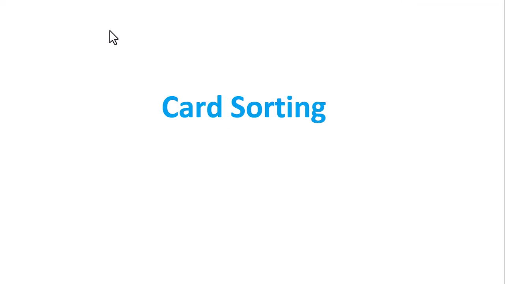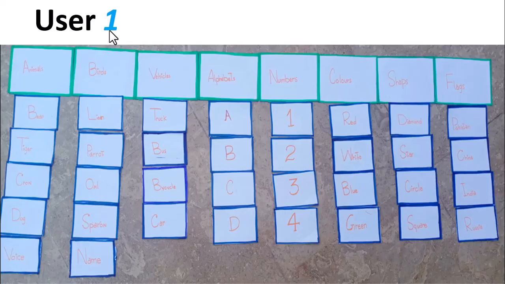Okay, now we will talk about card sorting, and card sorting is very important. This is the card sorting of user one, and you can see that there are some main menus like animals, birds, vehicles, alphabets, numbers, colors, shapes, flags, and in this main menu, there are some sub menus like animals.